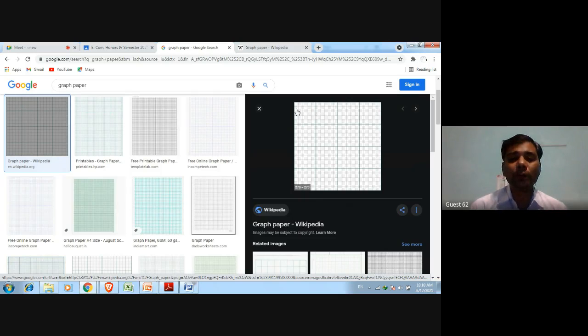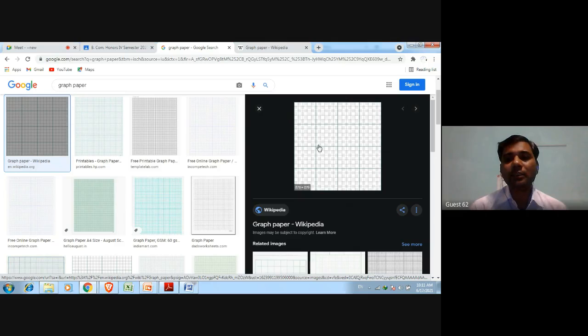Okay. So suppose you have to plot a line for 100 centimeters. What will you do? You will assume a scale. Suppose you assume that 5 small blocks equal 20 centimeters.